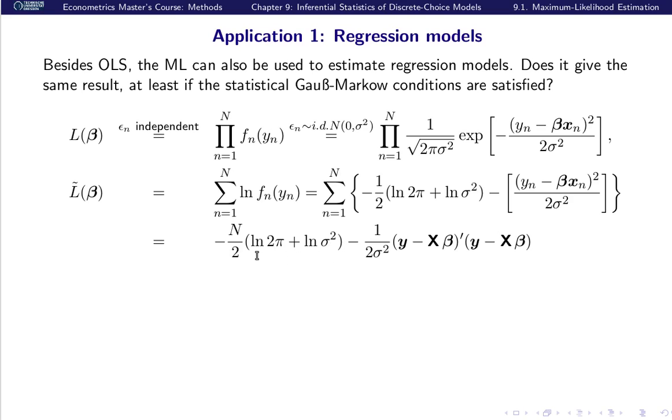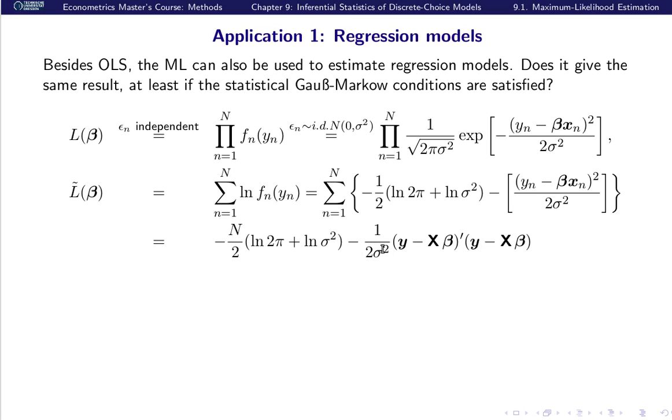So this is not really relevant. What is relevant is just this term, and this is the sum of squared errors. You could also see it here, the sum of squared errors. The only difference is the prefactor 1 divided by 2 sigma squared.